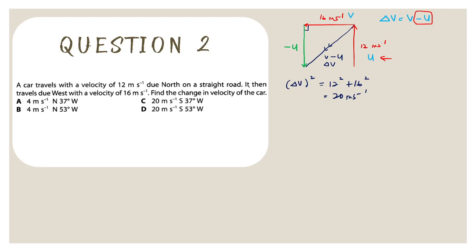Now we want to find the angle. The angle is between u and v. Some students are confused about which angle, this one or this one. We are talking about u to v. You can see that this is u, and the angle over here is coming up from this point to this point.